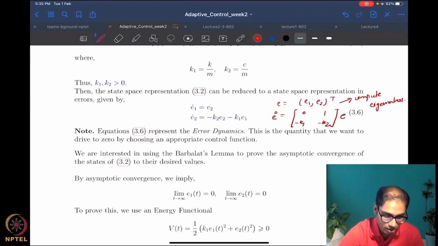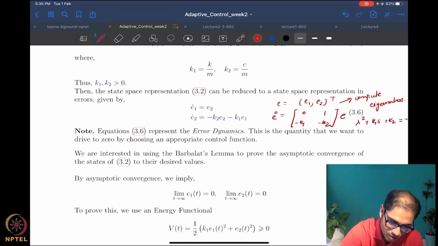One way or another, it is not difficult to see what the characteristic polynomial of this system will be. It will be something like lambda squared plus k1 s plus k2 equal to 0. Let me verify this is going to be the case.